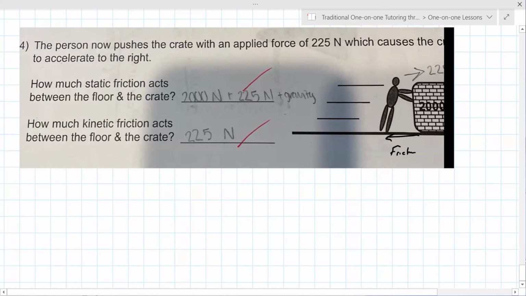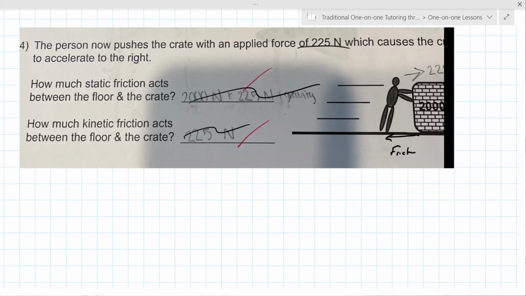But if you're in motion, that means your force exceeds the one being provided by friction. So you're doing more than friction's doing back against you, and that's why it's moving. So there is no more static friction because it's moving. First of all, the kinetic friction is less than the 225 newtons of applied force. Otherwise, it wouldn't be moving.